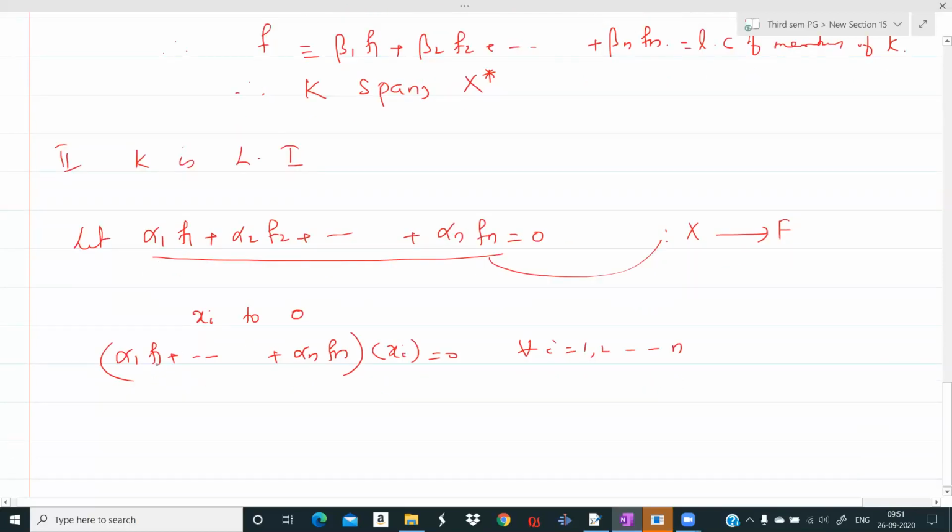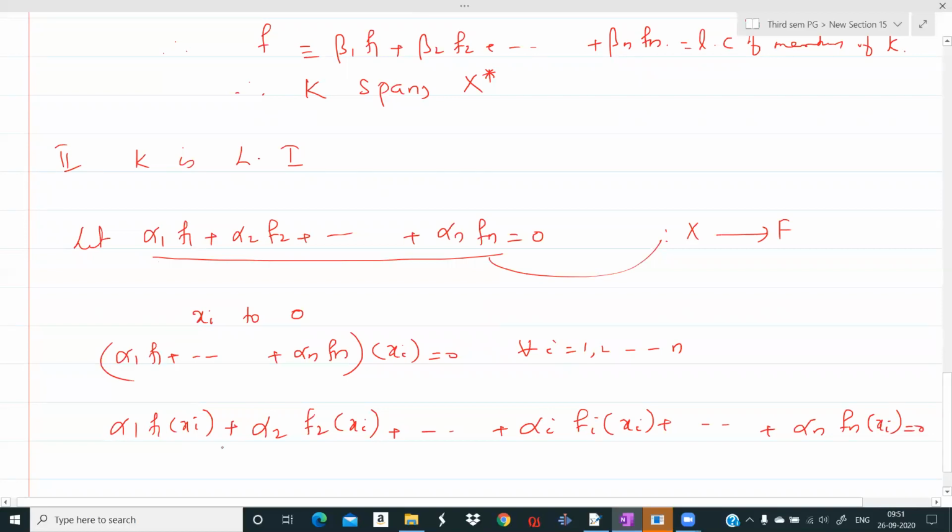When we remove this bracket, this is alpha 1 f1 of xi plus alpha 2 f2 of xi plus etc. plus alpha i fi of xi plus etc. plus alpha n fn of xi equal to 0.